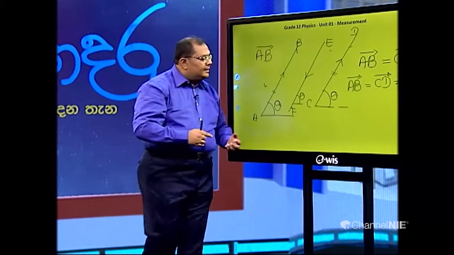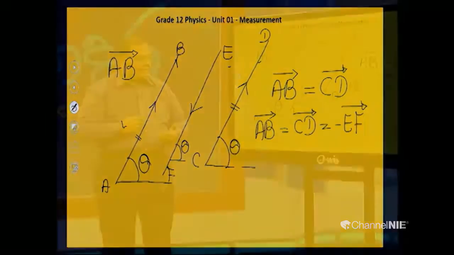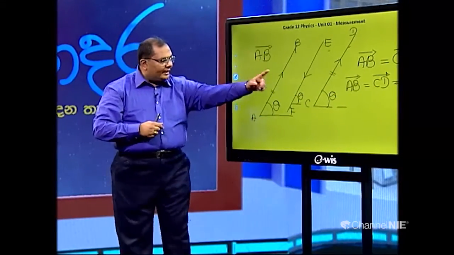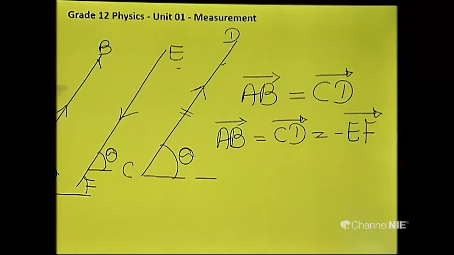That is minus E to F vector. Anytime if you want to change the direction of the arrowhead, you can apply an extra minus sign in front of the notation. Then these two vectors are equivalent vectors, this one is an opposite vector.